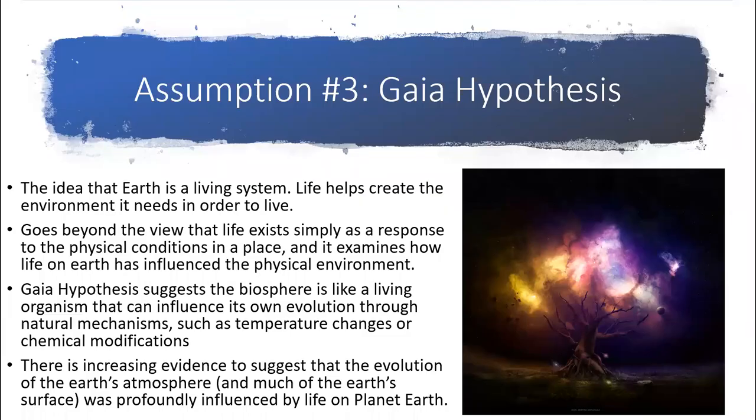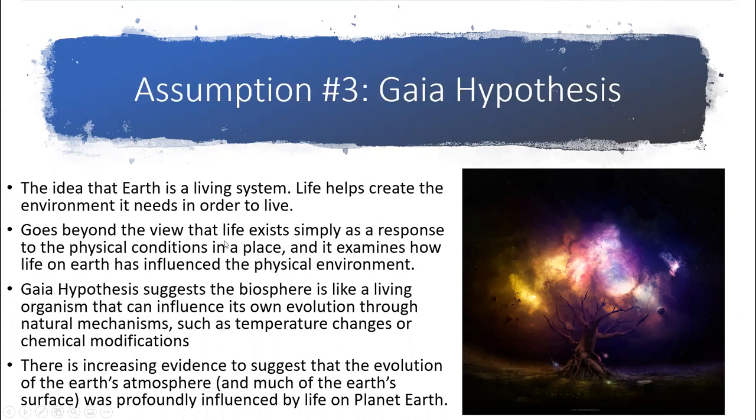And assumption number 3, Gaia hypothesis, is this. It's the idea that the Earth is a living system. Life helps create the environment it needs in order to live. So we create our environment so that we can live in it.